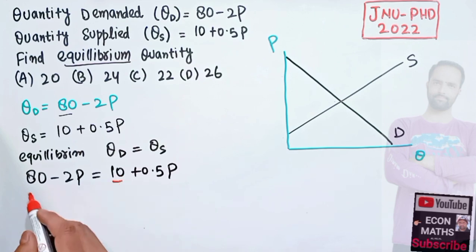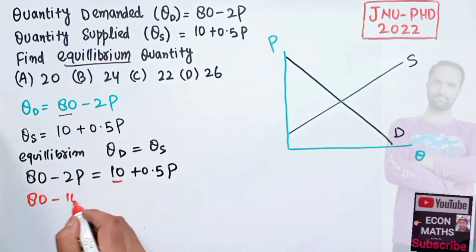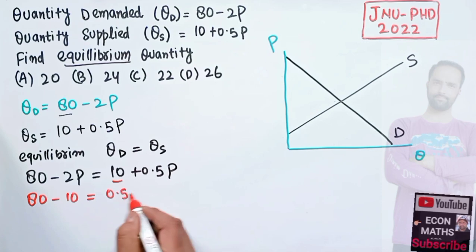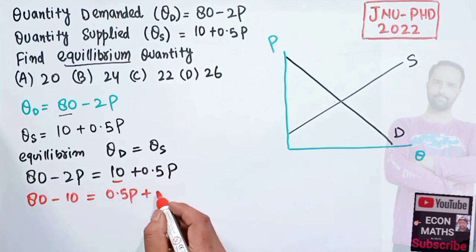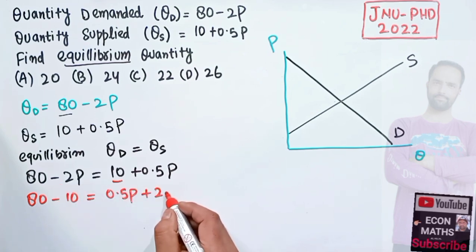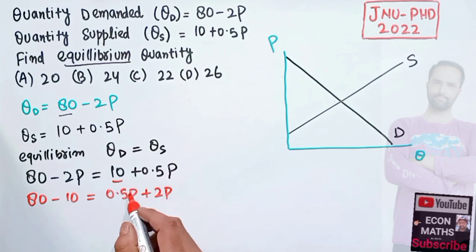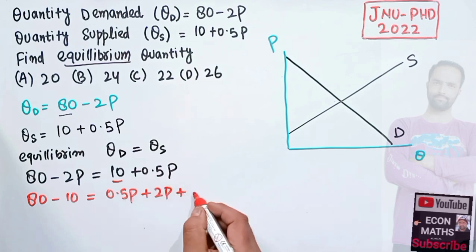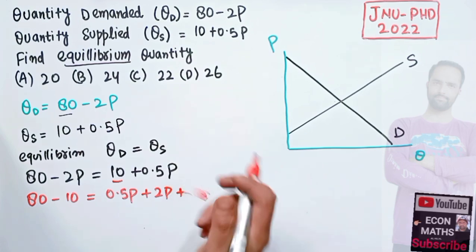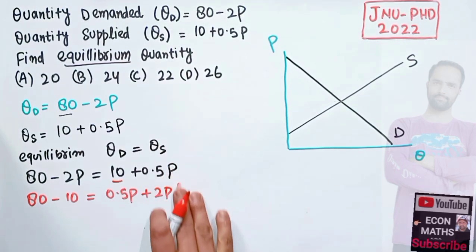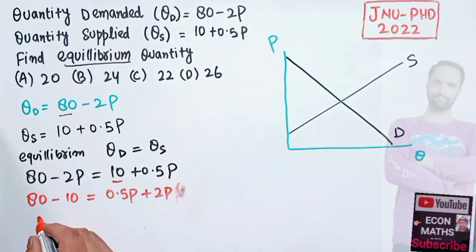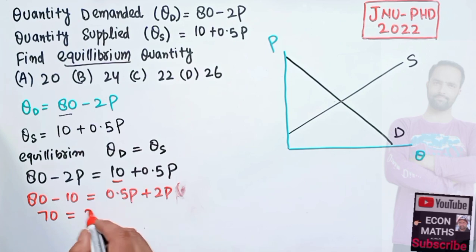Transposing this 10 here, it will get subtracted: 80 minus 10 is equal to 0.5p, and transposing 2p, we have 2.5p. So 80 minus 10 comes out to be 70, which is equal to 2.5p, which implies p will be equal to 70 upon 2.5, which comes out to be 28.